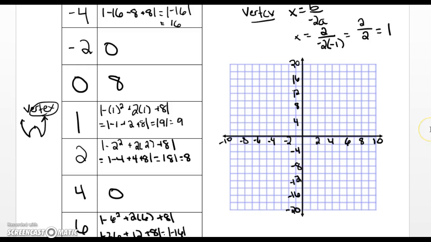So now that we've labeled our x and y axis, now we're ready to go. So now we can go ahead and start graphing our values. So our first one here is at -4 and +16. Then we had -2 and 0. We had 0 and +8.